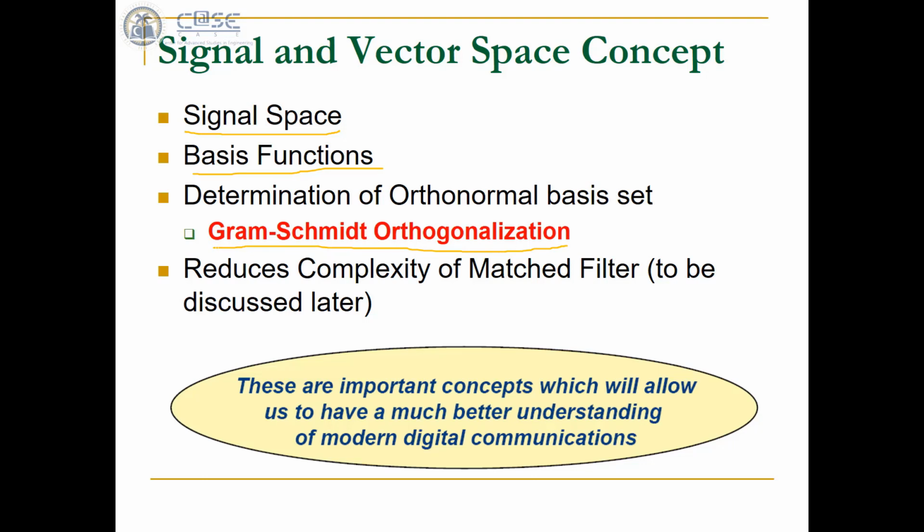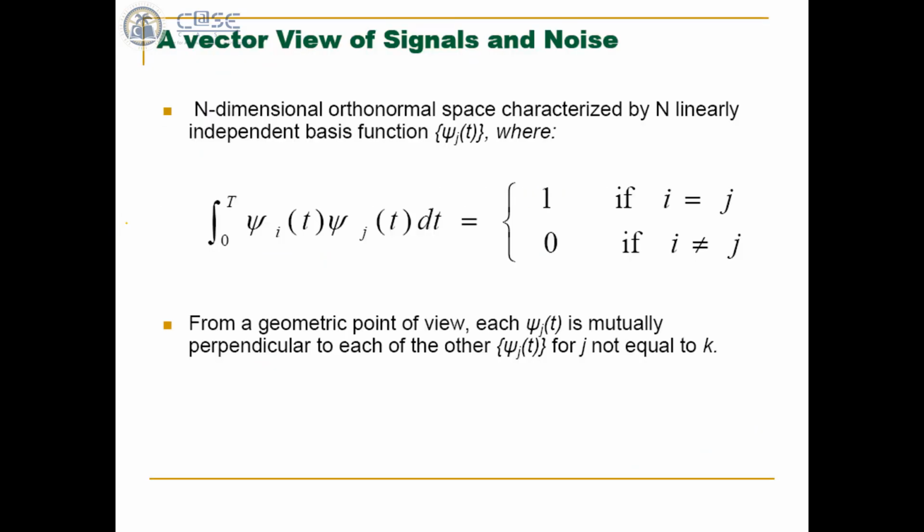And of course we are going to do several examples to help you understand how we calculate the basis functions given the signal set. So now we are clear that we have a certain number of signals to be represented using a reduced number of basis functions, so that the number of match filters required at the receiver end could be reduced somehow. So let's start.